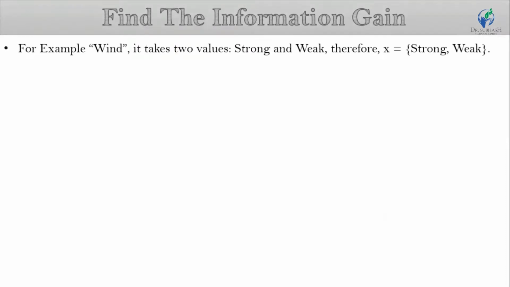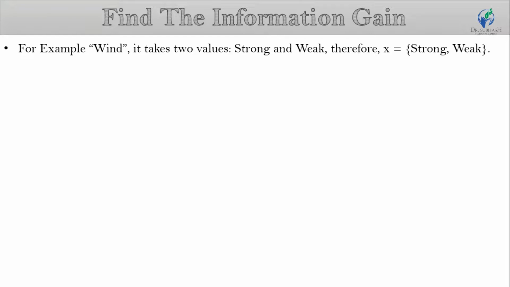Now we find the attribute which gives the maximum information gain. For our example, wind takes two values, strong and weak. Therefore, x is equal to strong and weak.